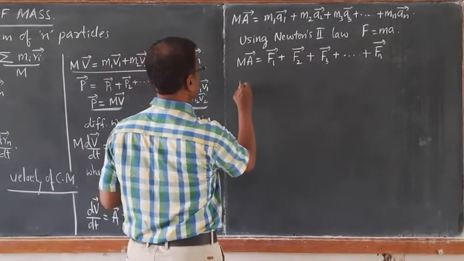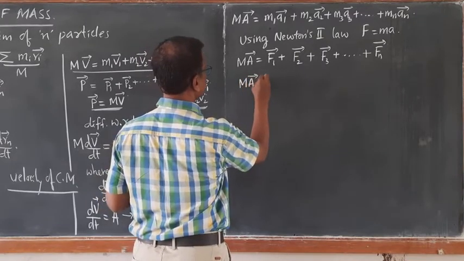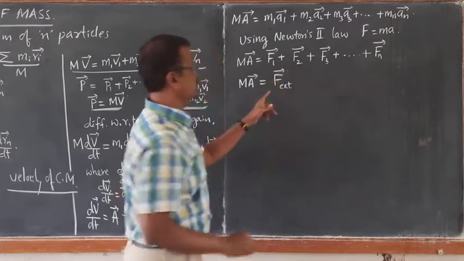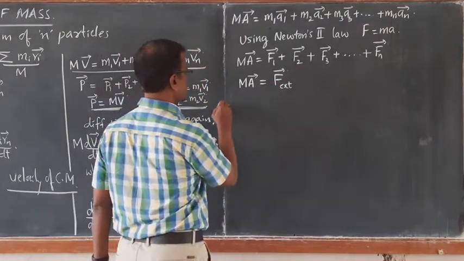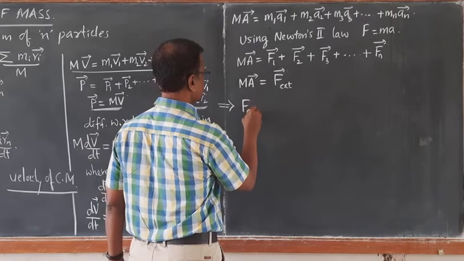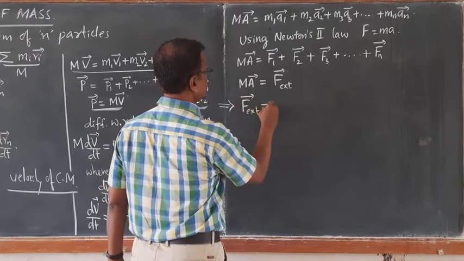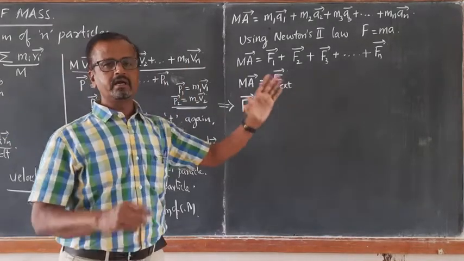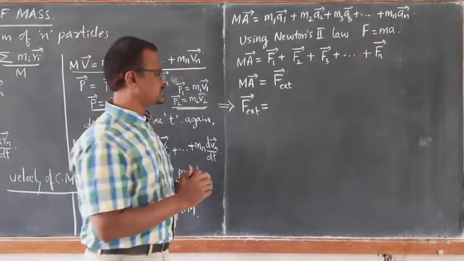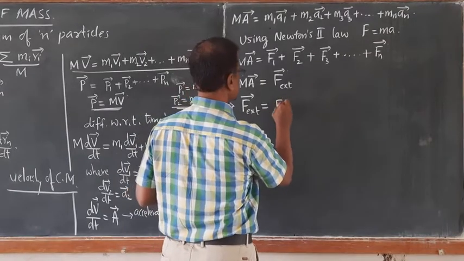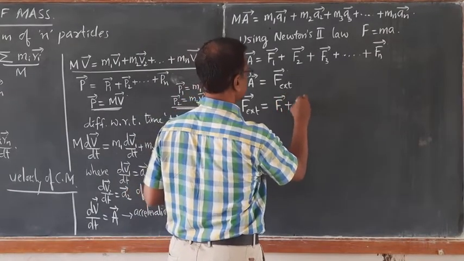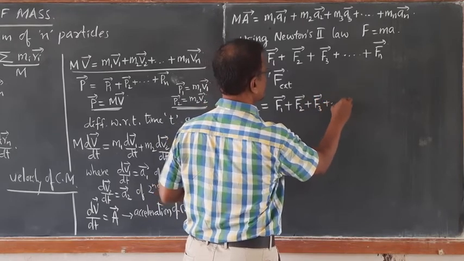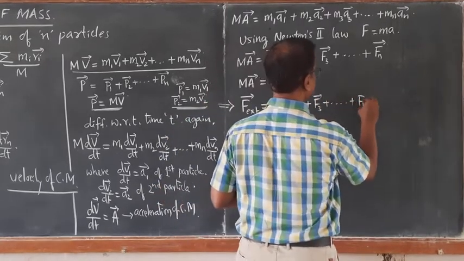Therefore, ma, if I just substitute as F external, then this implies F external acting on the entire system of n particles or entire rigid body consisting of n particles, F external is equal to F1 vector plus F2 vector plus F3 vector and so on up to Fn vector.